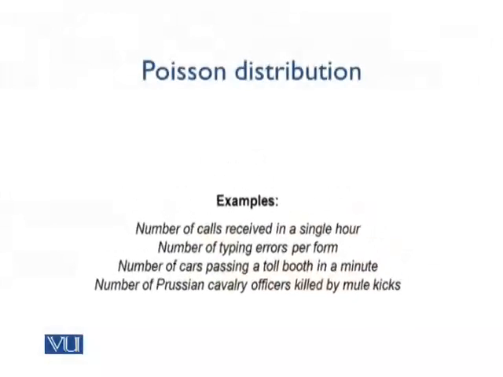This happened over a period of 4 or 5 years, in which some years none of the officers died, in some other years one officer died, and in some particularly bad year, up to 5 or 6 cavalry officers died. So you know the average number that you expect, but you also know that you would have some variation around this. When you have such a scenario, you can model it using the Poisson distribution.